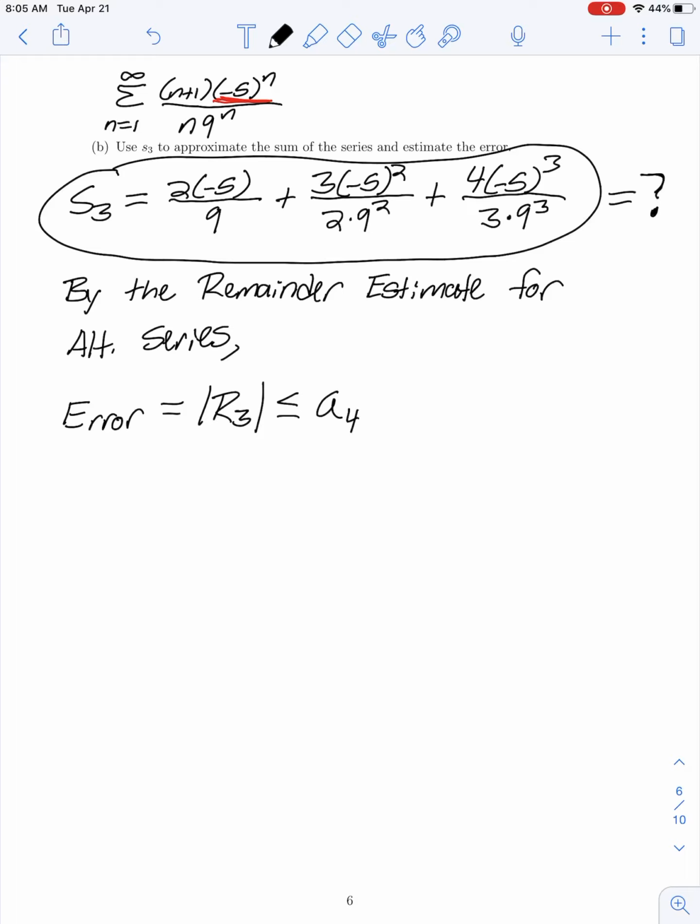That is, in general, the absolute value of R sub n is less than or equal to A sub n plus 1. So here, let's look at the fourth term for that series.